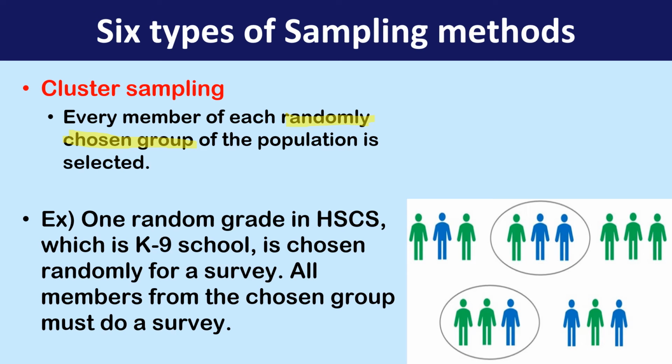So this is a school type example. One random grade in HSCS, which is a K-9 school, is chosen randomly for a survey. All members from the chosen group must do the survey, something like that. So we are doing some kind of survey, but we're choosing a cluster.